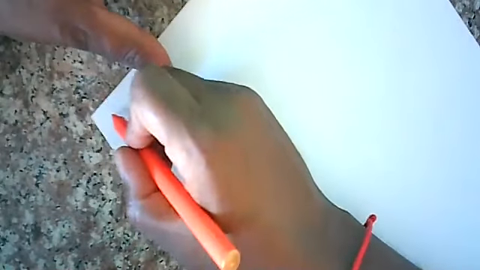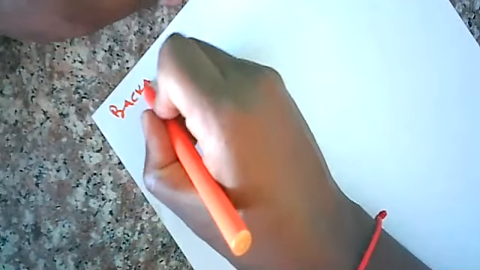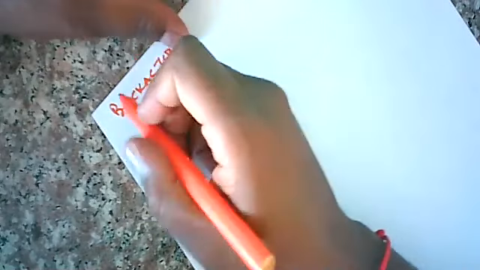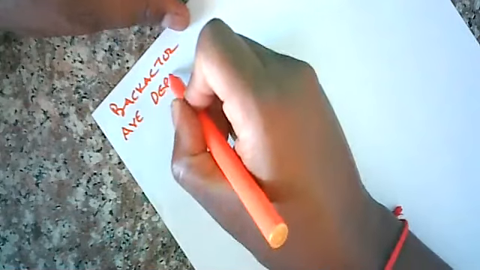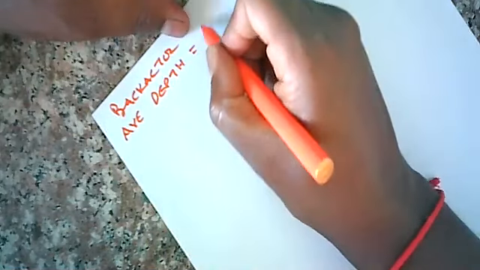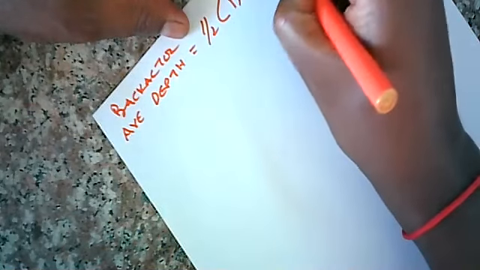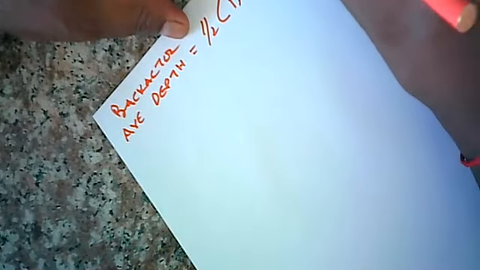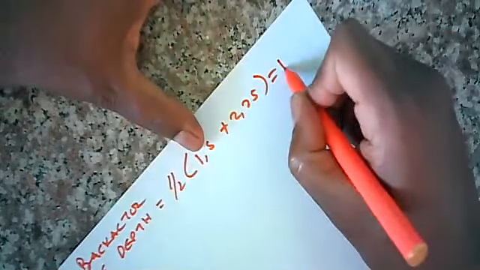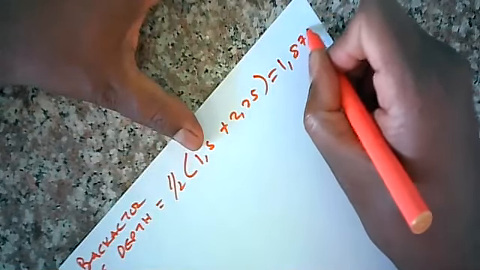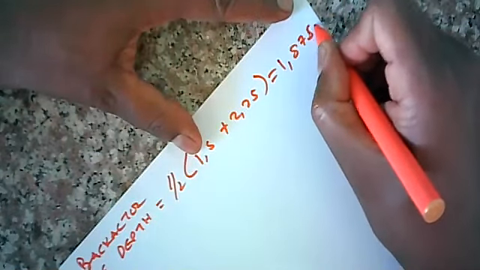All right, so we're going to start with the back actor. And as I mentioned, there's going to be an average depth. You're going to say it's half of 1.5 plus 2.25, and it gives us a depth of 1.875 meters.